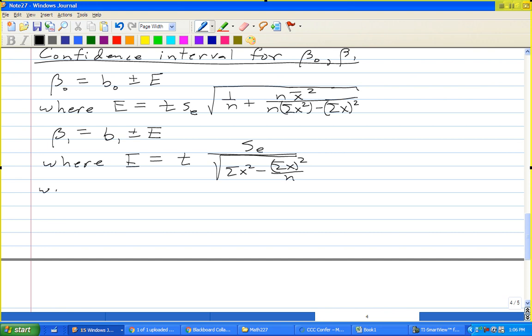And this is with degrees of freedom equaling n minus 2.